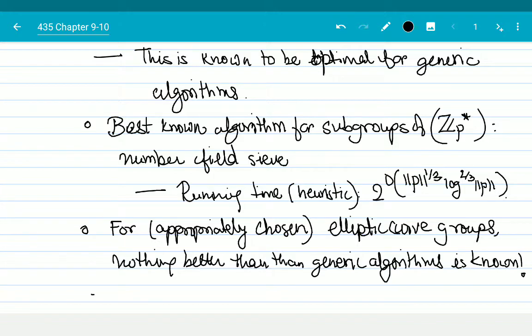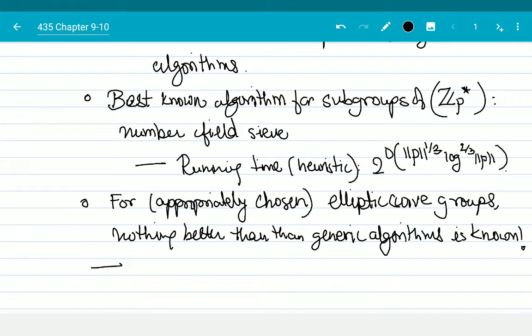Okay, and this is why there is a current movement, people are moving into elliptic curve cryptography. Currently RSA encryption is very popular, but as you can see, it is much less secure, right? The running time is sub-exponential, 2 to the n to the 1/3, right?